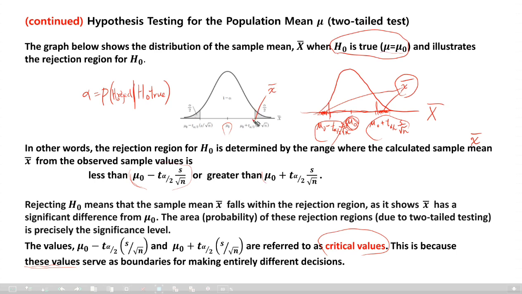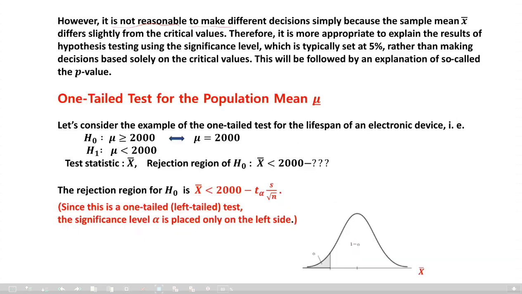If you get this value, x bar, then you cannot reject H naught. So it is not reasonable because of a small difference from the critical value, that's what I'm saying. So we will use, say, p-value, significance probability. I will tell you maybe next time.